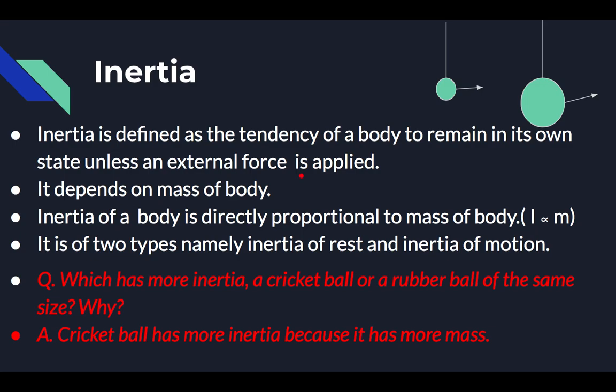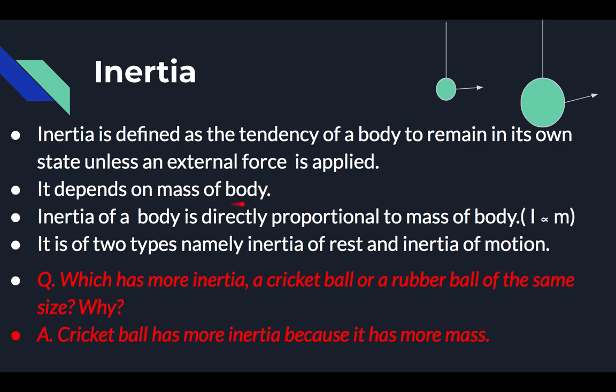In simple language, every body in this universe wants to be in its own state. If it is at rest, it will remain at rest. If it is in motion, it will always remain in motion unless an external force is applied. And this tendency of the body is known as inertia.